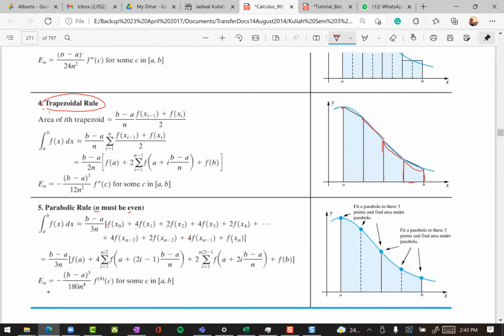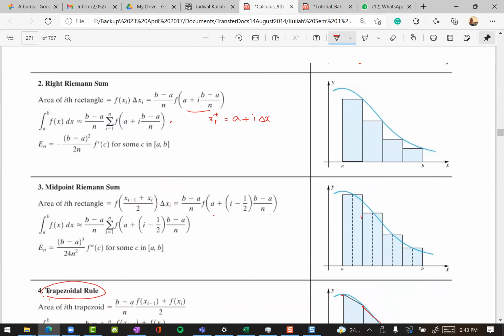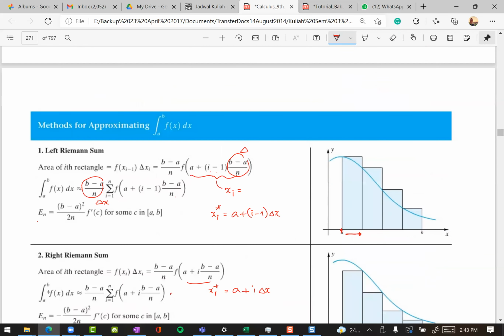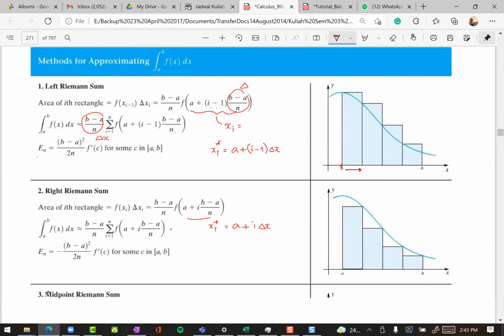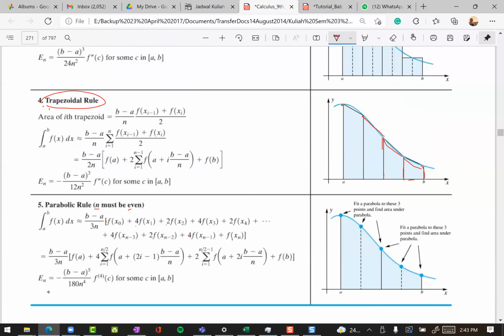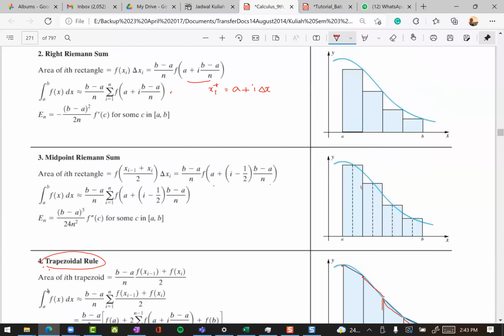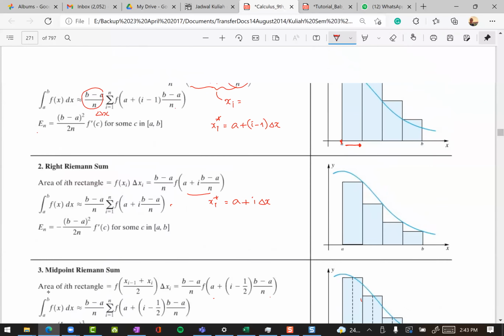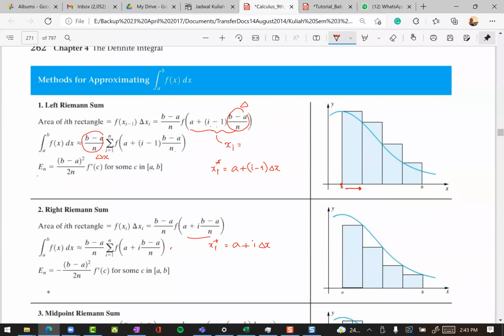All right, so why do we have so many methods? Which one is better? We just use the best one then. It has to do with what we call errors. An approximation is better if it has a smaller error.